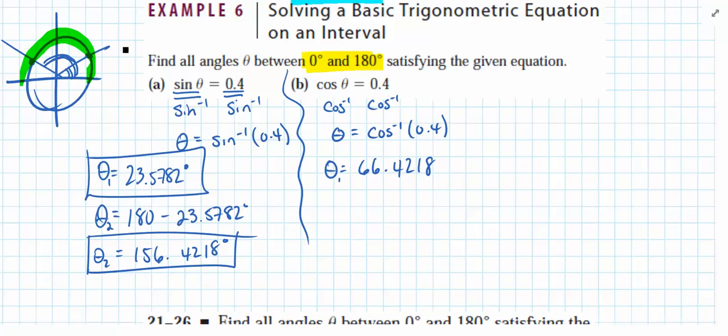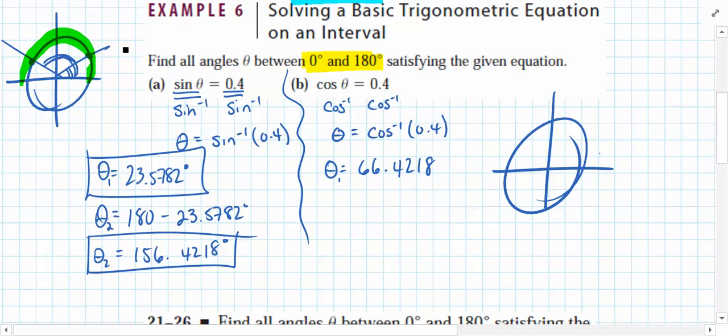Similarly, on the right-hand side, we would look for any additional theta angle measurements that have an x value of 0.4 based on their degree. So if I sketch a quick unit circle, that's not my best, but if we sketch a quick one here, we see that this point might have the x value of 0.4. Now, if we're only looking for cosine of theta equal to 0.4 in the range from 0 degrees to 180 degrees, I don't think there is another angle measure that would have the same x value of that coordinate.